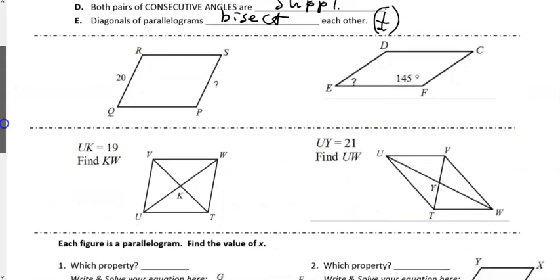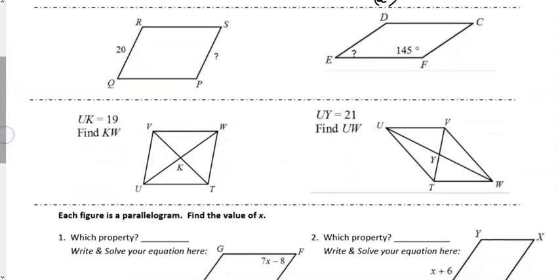So, let's play with that new knowledge that we have. Here we have opposite sides. We have a 20 and a question mark. Well, we know this side is equal to this side, so that's a 20. Over here, we know this angle is 145. We know this one's obviously smaller.